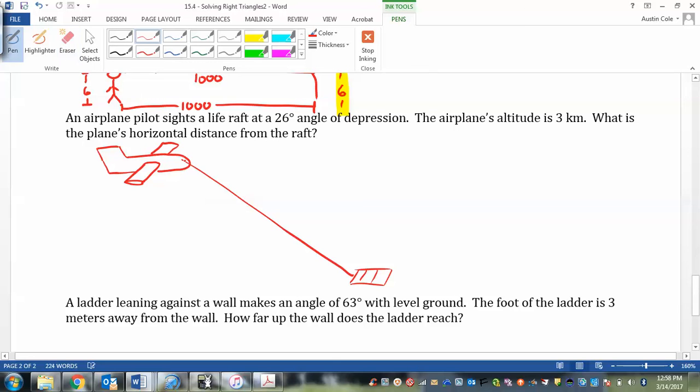I need to make my triangle this direction. So it says the angle of depression is 26 degrees. The airplane's altitude is 3 kilometers. Where's that going to go? Vertical line. Vertical, altitude, straight up and down.